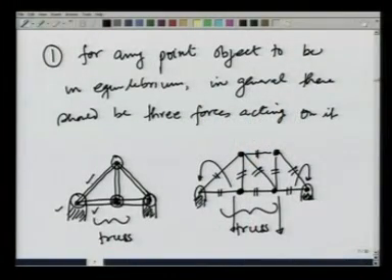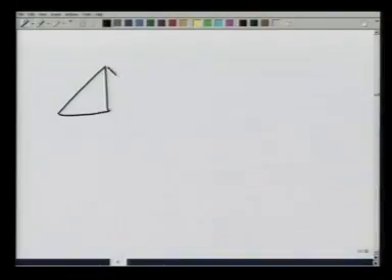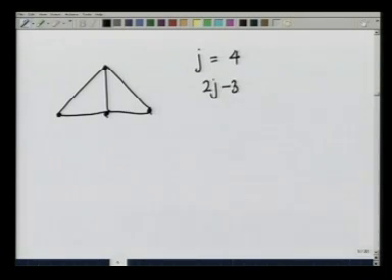So, the first structure that I made was this one and the second one was this one. The first structure that I made was like this. Number of joints is equal to 1, 2, 3, 4. So, 2j minus 3 is equal to 8 minus 3, which is equal to 5, and I have precisely 1, 2, 3, 4, 5 members.